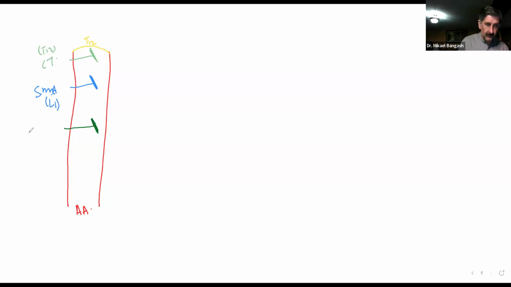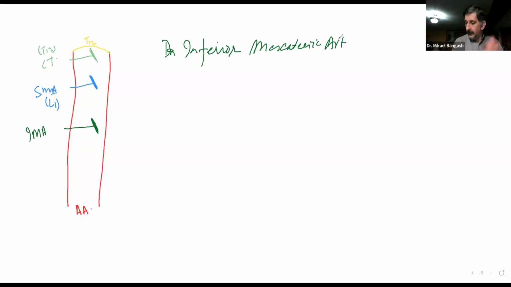We're going to have our last one, which is going to be the inferior mesenteric artery, and that's going to branch off the aorta at level L1, no, L3, sorry. The third lumbar vertebra.